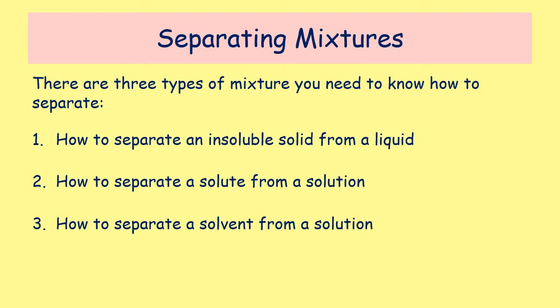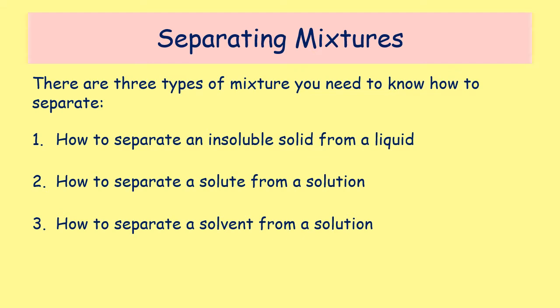Now there are three types of mixture that we would like you to know how to separate. The first one is how to separate an insoluble solid from a liquid. The second one is how to separate a solute, so the thing that's dissolved in a solution, how to get it back out of a solution.